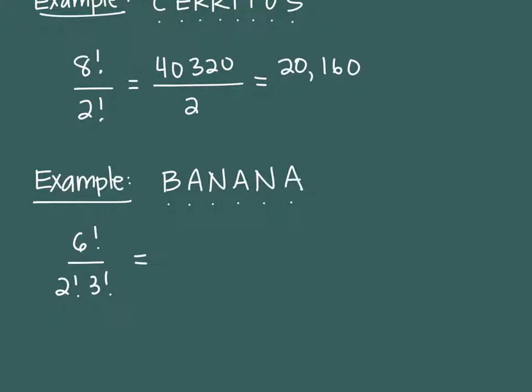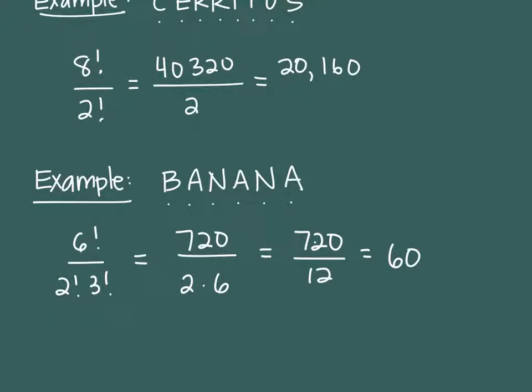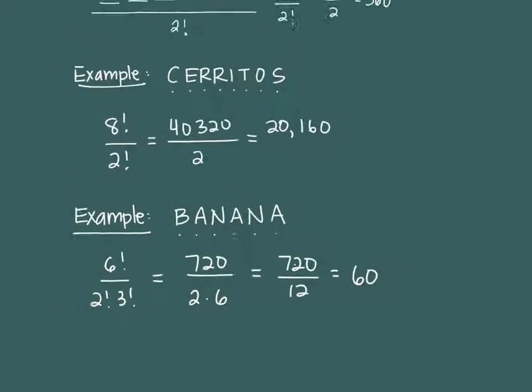So that's going to seriously lower the number of rearrangements of this word. We know that 6 factorial is 720. 2 factorial is 2. 3 factorial is 6. So this is 720 divided by 12. And so that's 60. There are only 60 different rearrangements of the letters in banana compared to how many there were in a 6-letter word like valley.